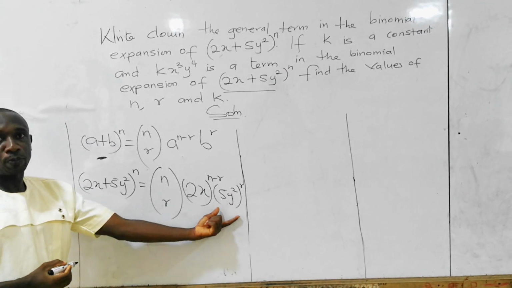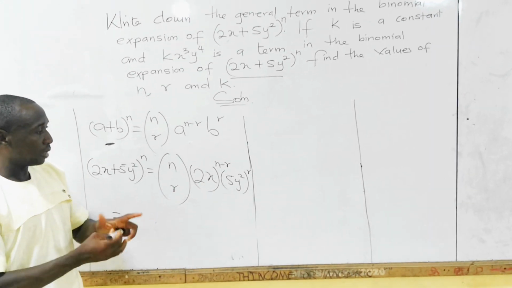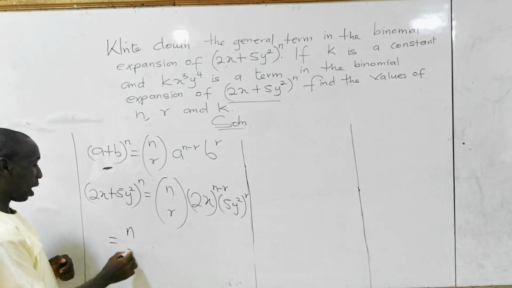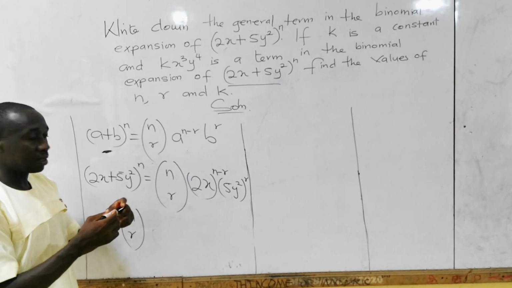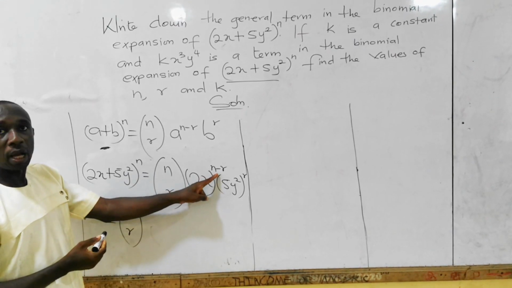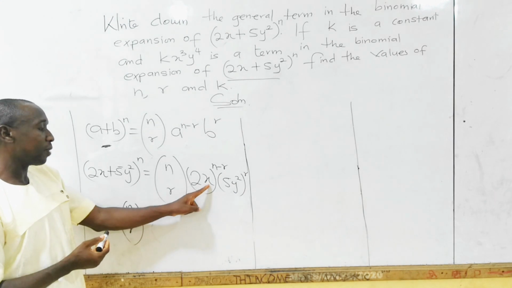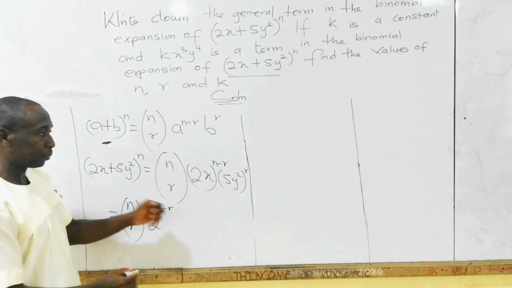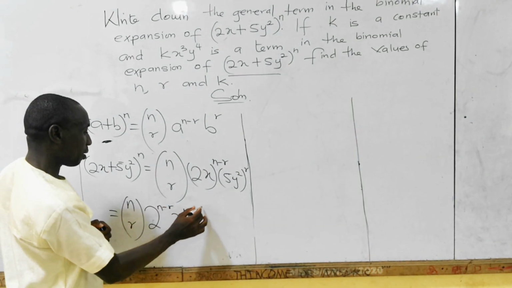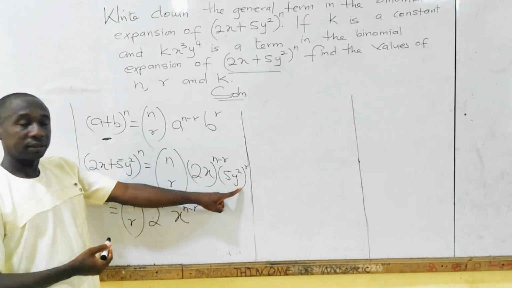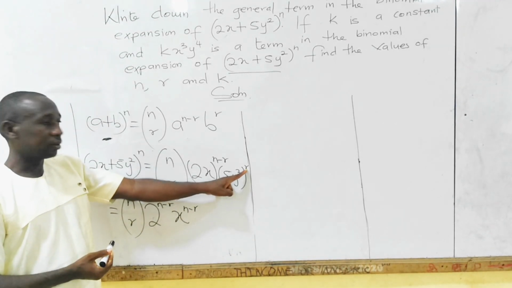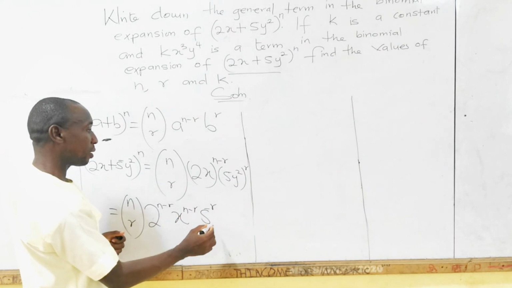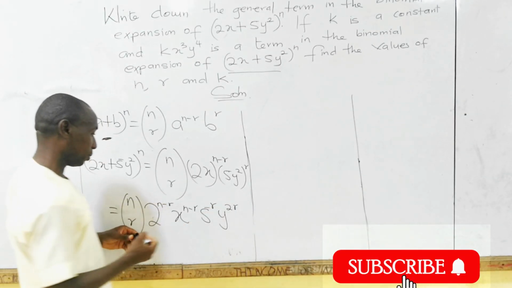By expanding this and grouping the terms, it becomes nCr. From indices, 2 will be to the power n−r, and we also have x to the exponent n−r. That gives us 2^(n−r) x^(n−r). Then 5 will also take the power r, and y² will also take the power r, giving us 5^r y^(2r).